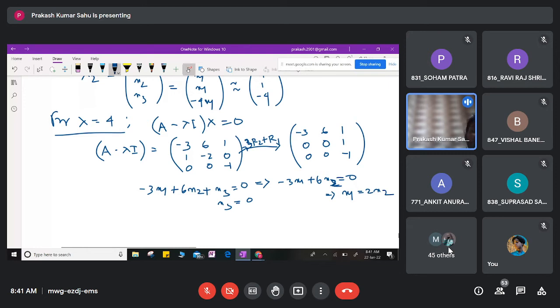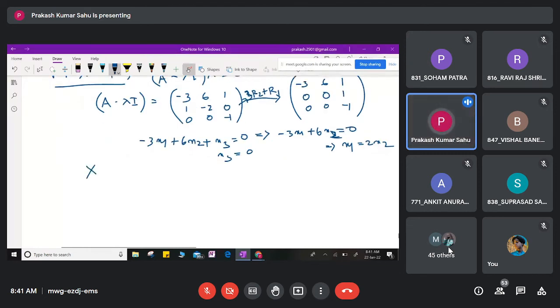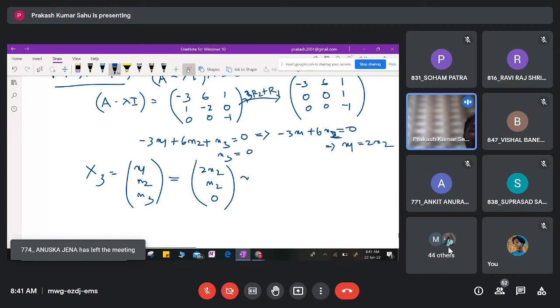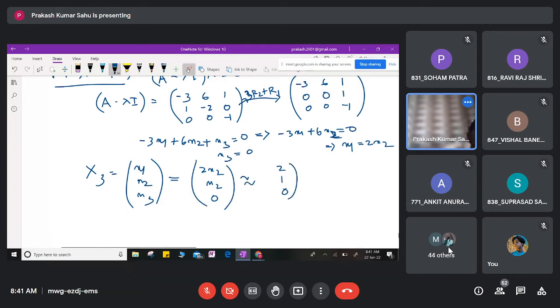We will get the third eigenvector, that is x1, x2, x3, which is equal to, your x1 is equal to 2x2 and x2 and x3 is equal to 0. So you will get 2 1 0. So all the eigenvectors, we are able to find.